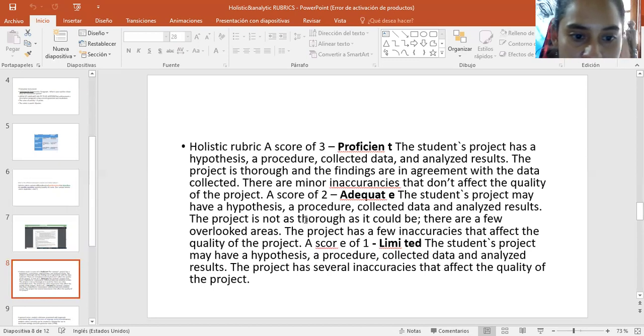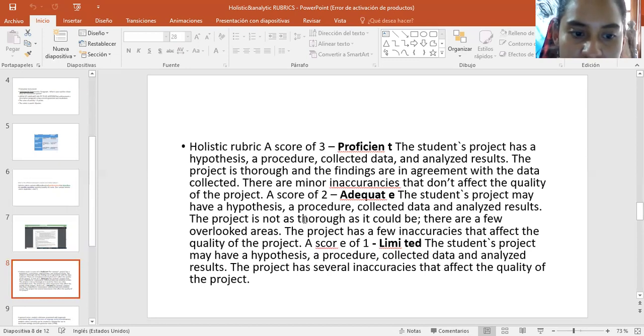For example, the best level could be called proficiency.